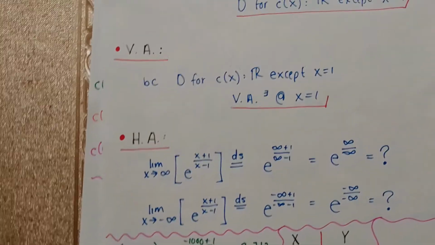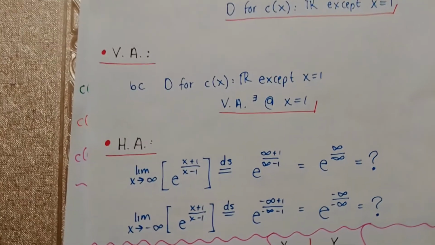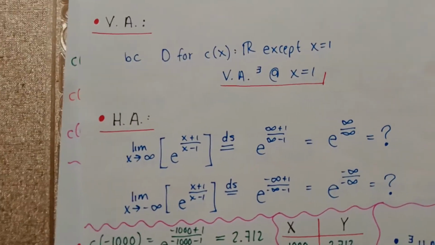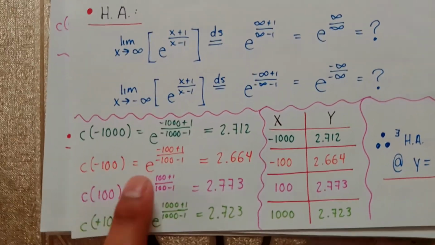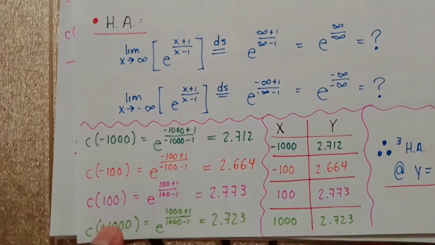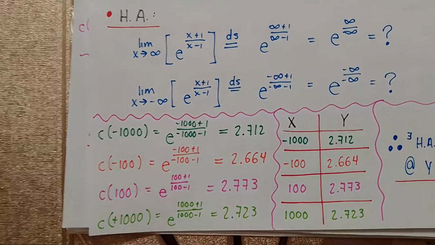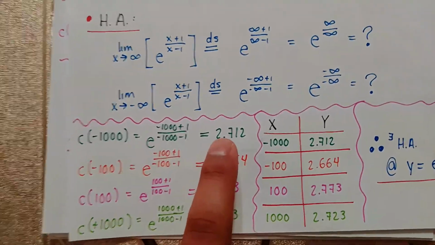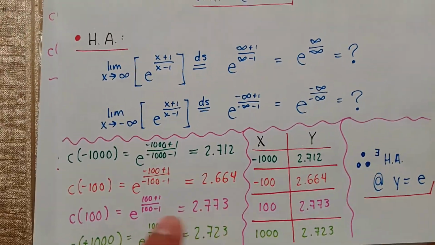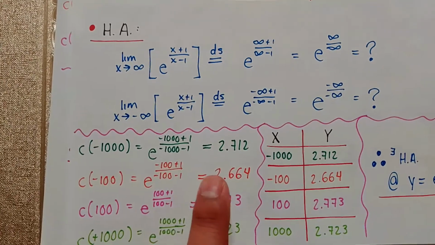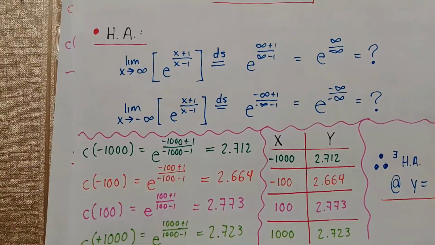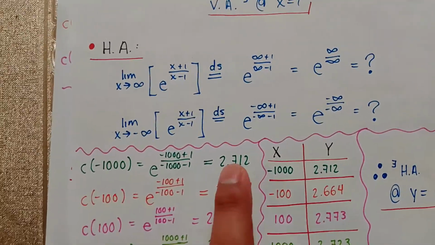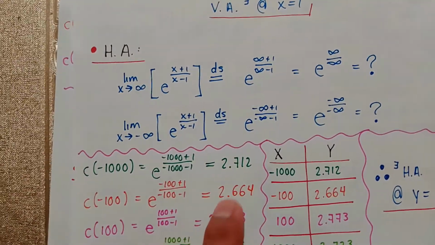So what I ended up doing is trying to see what the end behavior of the graph looks like. I did a table like this where you can plot big values on both sides of infinity, I guess, and then try to compare what this might look like. For the negative side, you can see that the further you go into the negative, you get closer to the value of e, a positive one.